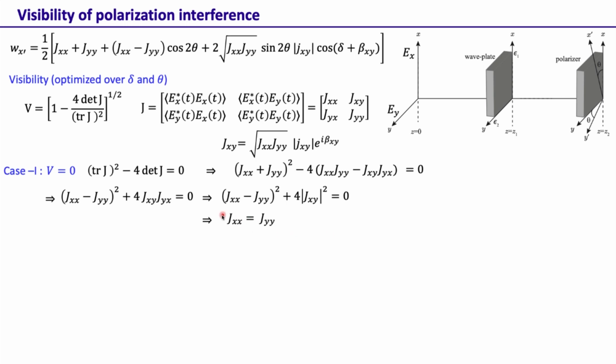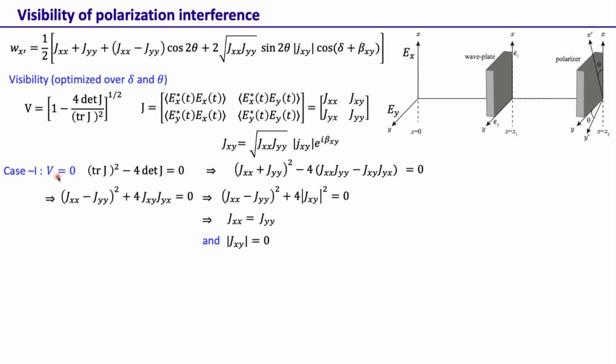So this basically says that this visibility being 0 means this is the sum of two squares, and the sum of two squares can be 0 if and only if both the terms are 0. So if this term is 0, it means jxx is equal to jyy, and if this term is also equal to 0, this means that the modulus of jxy has to be equal to 0.